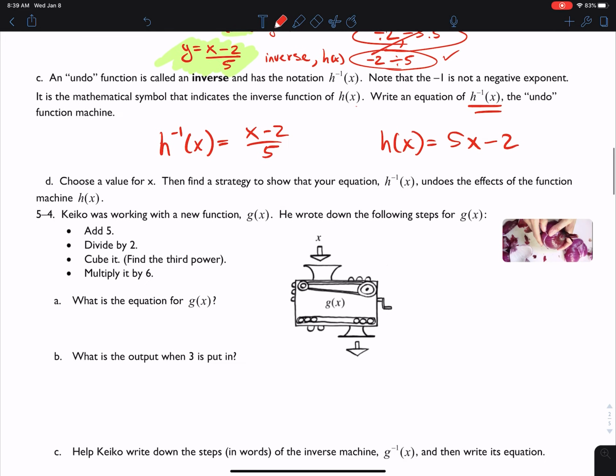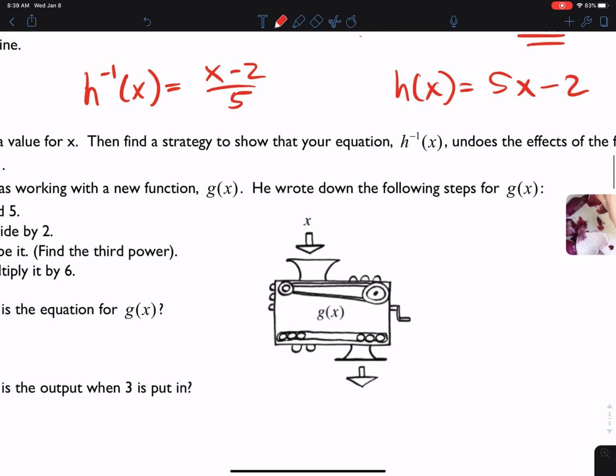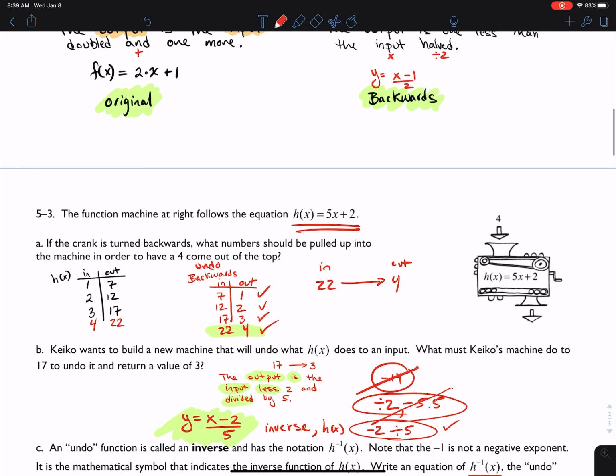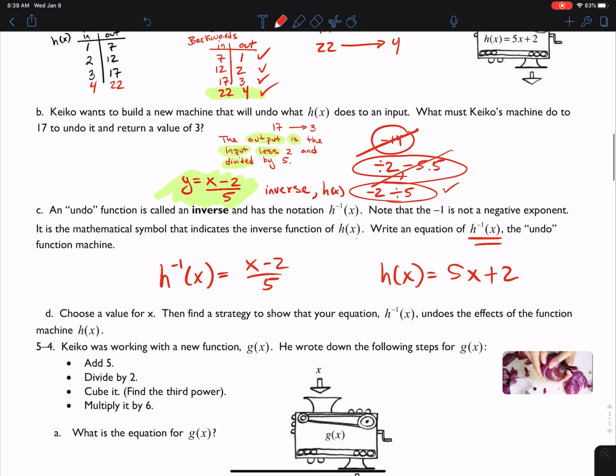Now, something interesting that some of you, I know a lot of you are very clever people, probably noticed a relationship between h of x and h inverse of x. I'm sorry, let me go back to the original. This is a plus here. We have a subtraction by 2 here in the inverse, and then we have an addition.